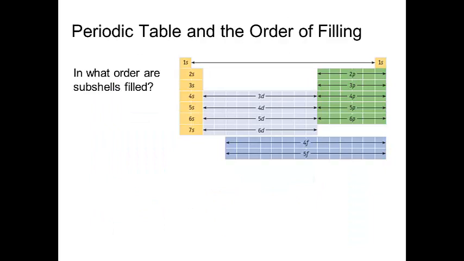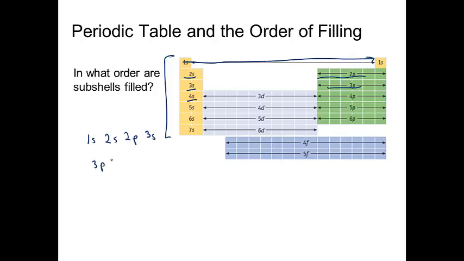So the next thing we can do is talk about using the periodic table to decide which orbitals are filled when. And we can do that simply using this general chart and just going through the periodic table. So the elements start here. The 1s orbital is filled first, then the 2s orbital, then the 2p subshell, then the 3s orbital, then the 3p, then the 4s, then the 3d, then the 4p.